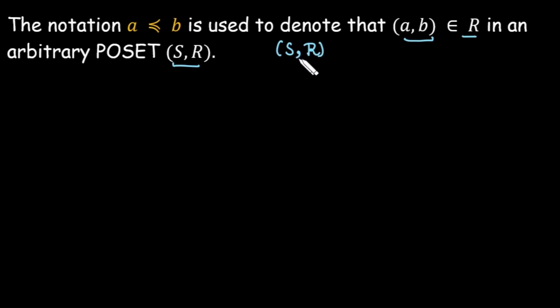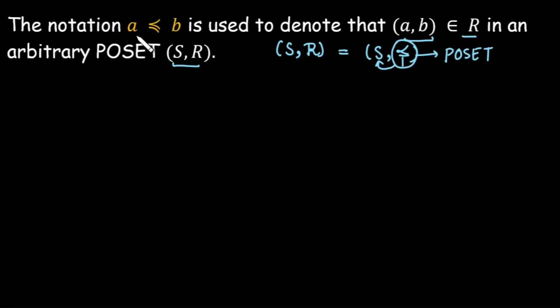But sometimes, rather than writing in this format, they write the set and this symbol. This symbol indicates that it is the relation R, which is reflexive, antisymmetric and transitive. Basically that is always a POSET. So whenever you have this symbol, always assume that this relation on the set S defines a POSET. There is no need to figure out whether it is reflexive, antisymmetric or transitive. We directly take it as a reflexive, antisymmetric and transitive relation.